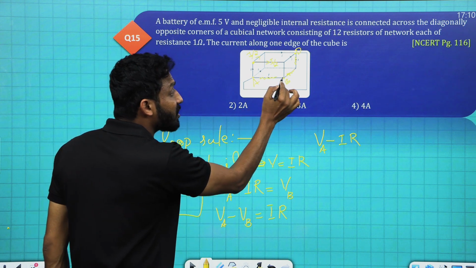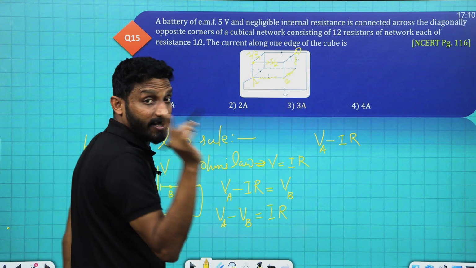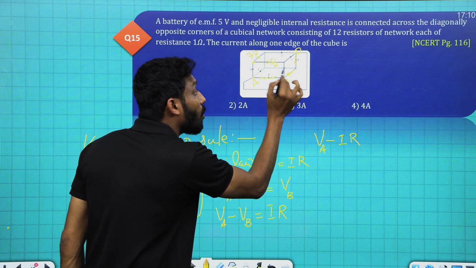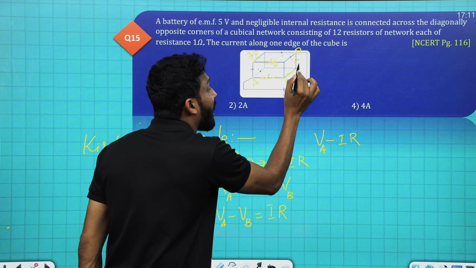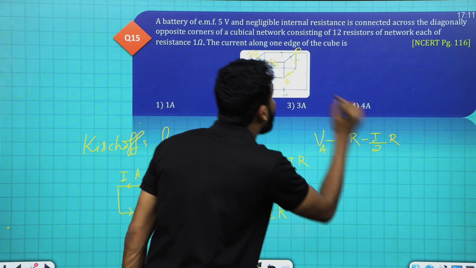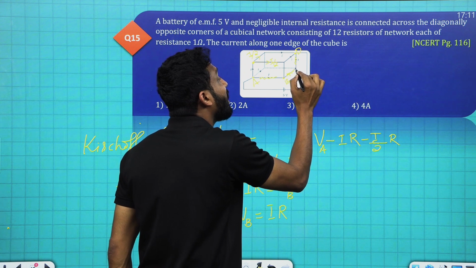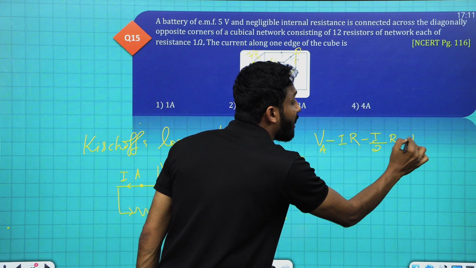And at this junction current splits into two, I by 2, I by 2. You understood? So we are moving in this direction, so here minus I by 2 into R. Now we reached here. Now in this arm it is I itself, minus IR.